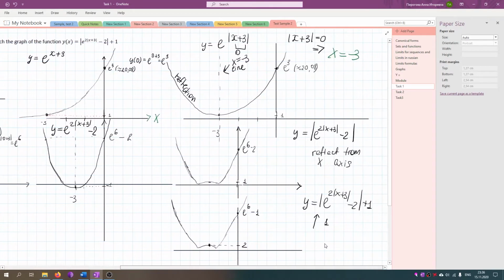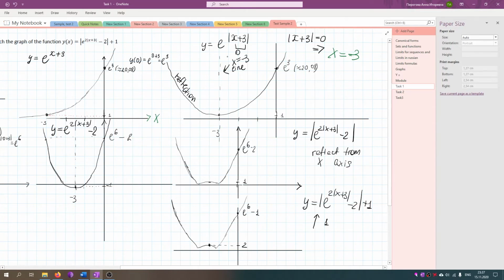And now it is our next step. We need to take the module, and again, as I said before, we need firstly to equalize the module to 0, and x is equal to minus 3, and it will be the line from which we will reflect the graph of the function.